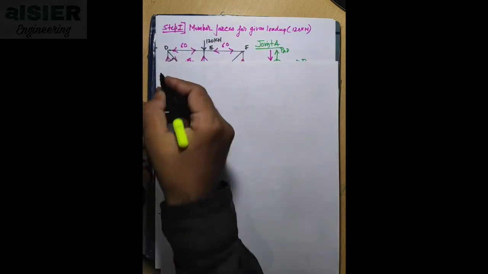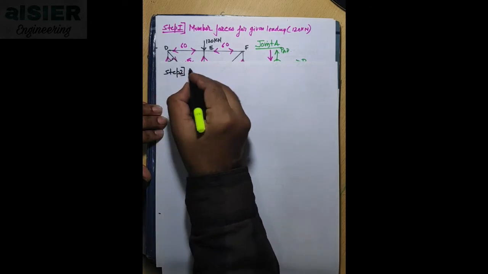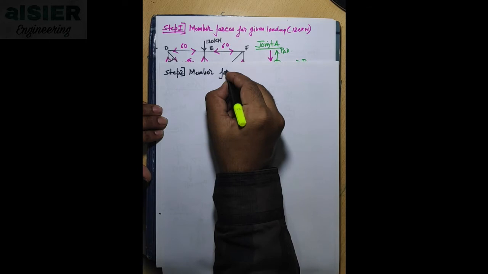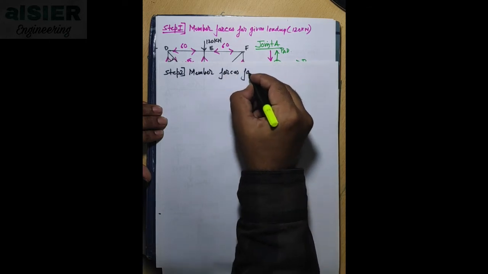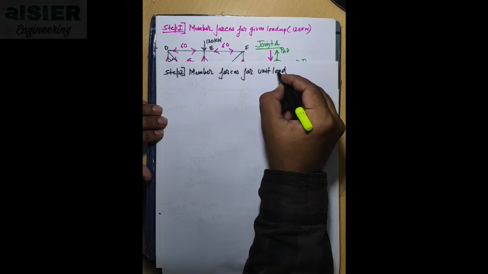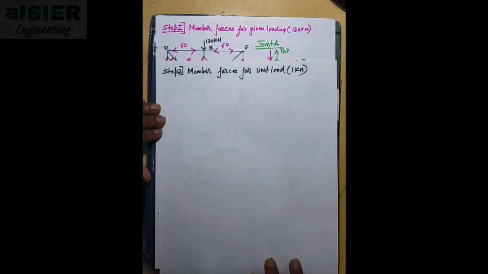Now what is step 2? Step 2 is member forces for unit load, say 1 kilonewton. So let me draw a diagram quickly.